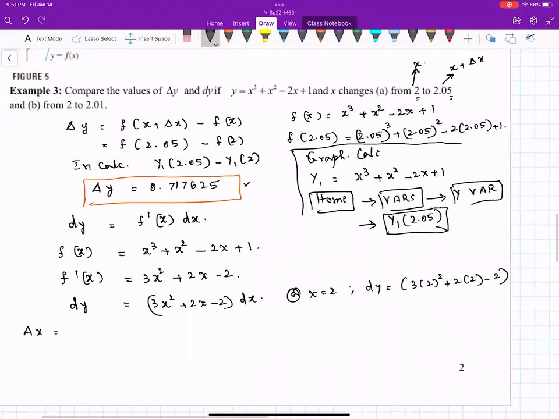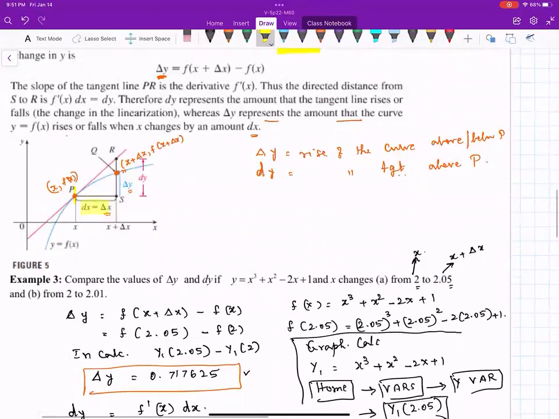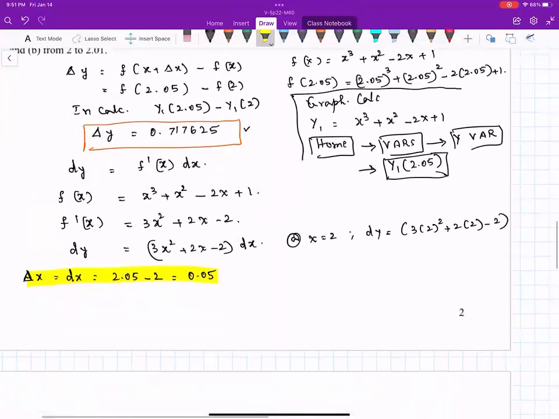Delta x equals dx, which is the difference between the two, 2.05 minus 2, which is 0.05. So we know that delta x and dx are the same. That's what we see even here. So if we use that dx, which is 0.05, you have substituted that.